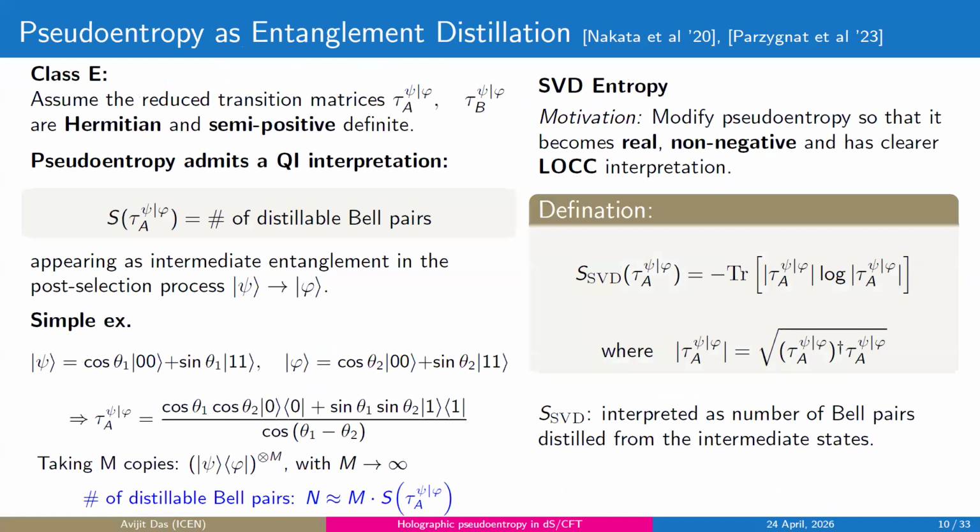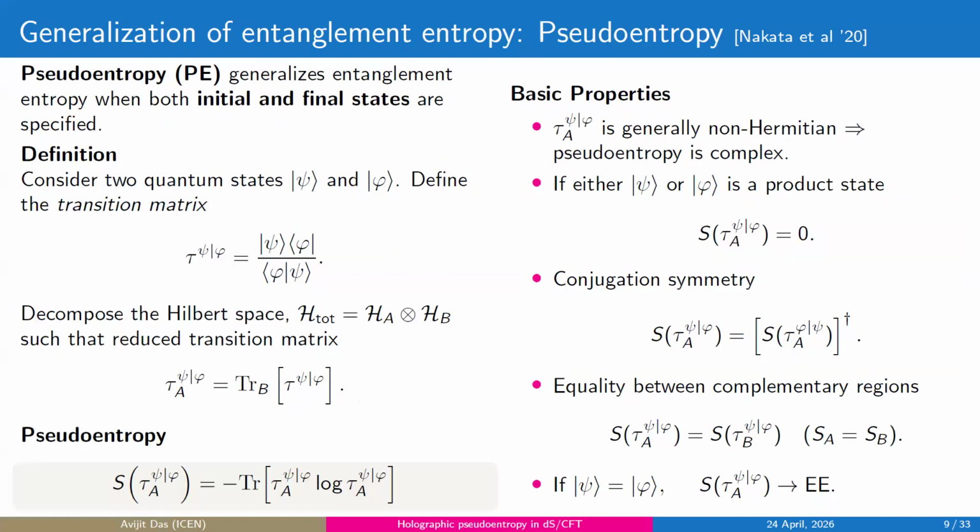Yes, that transition matrix is somewhat related to the transition matrix in a hadronic event. It's like any transition matrix. If you have two states, you can always define a transition matrix. It can be any system. So it's a very generalized definition.